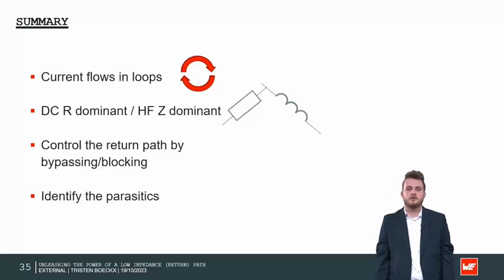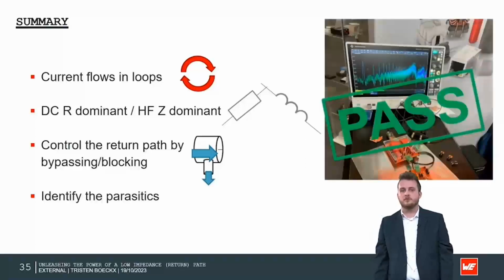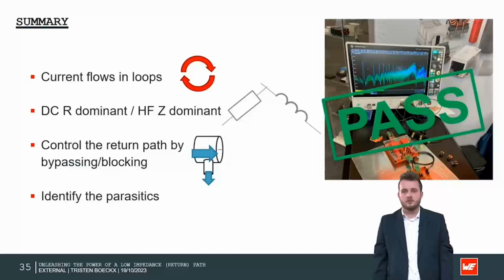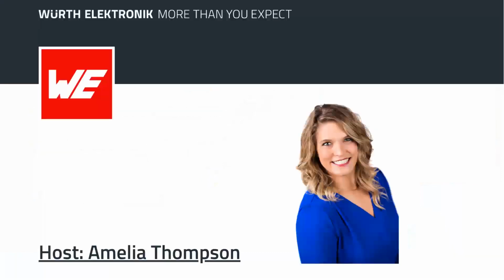To control this, it's important to use bypassing or blocking elements, and if needed, both. And at last, it is important to always identify the parasitics. Hopefully, those 4 rules give you the chance to pass the EMC measurements in the near future.